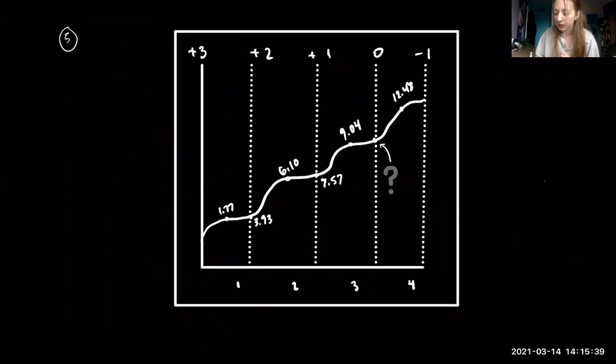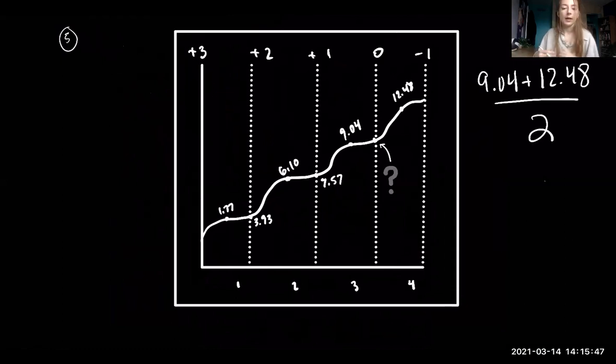And so what we're going to do is take the average, let's say, of 9.04 plus 12.48 divided by 2, and that will give us our equivalence point pH there, the third equivalence point. So the answer to that would be 9.04 plus 12.48 over 2, which is 10.76. That would be the pH right there at that question mark. Okay, good.